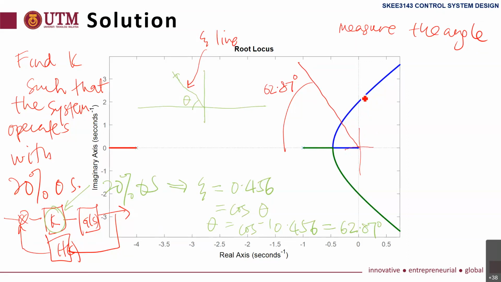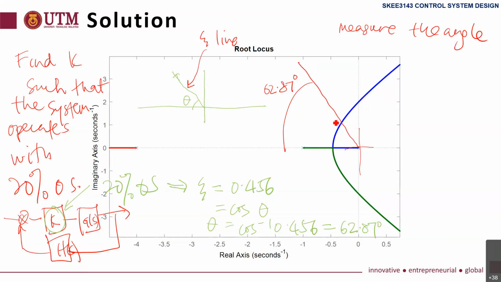Correct means they are at the same scale. If they are in the same scale, then you can use the protractor directly. If not, you have to do some adjustment.